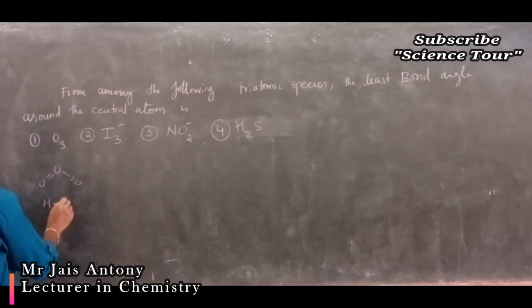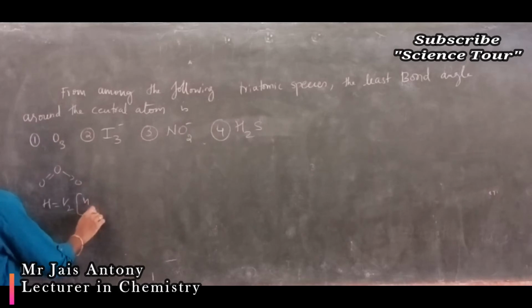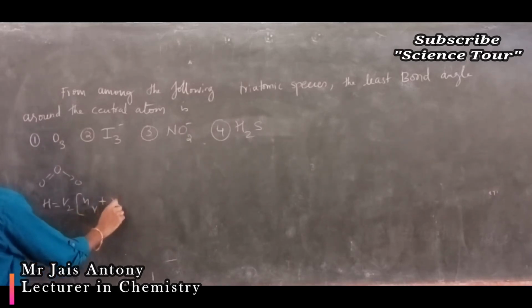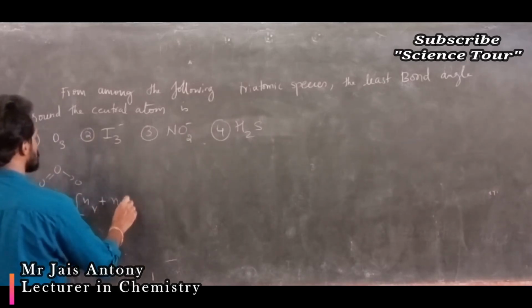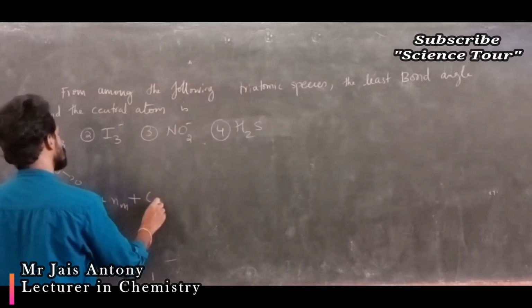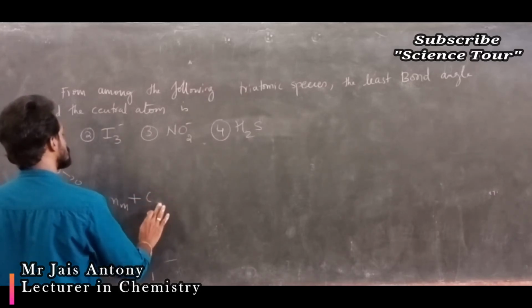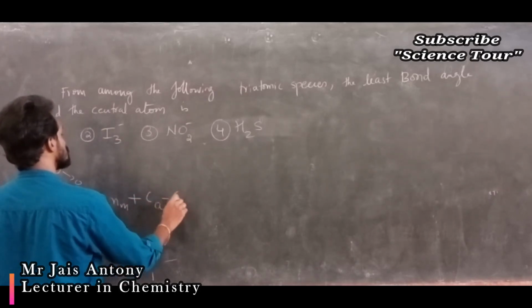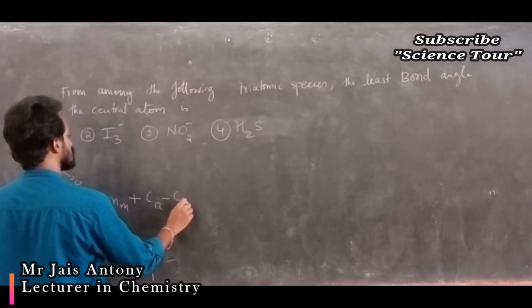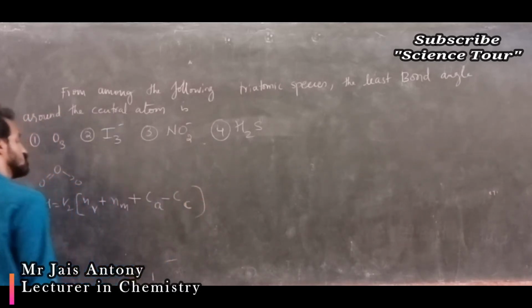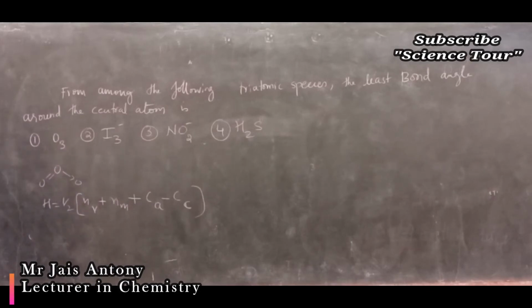What is the formula? Half into valency of central atom, that means central atom valency, plus number of monovalent atoms, plus charge of anion, minus charge of cation.